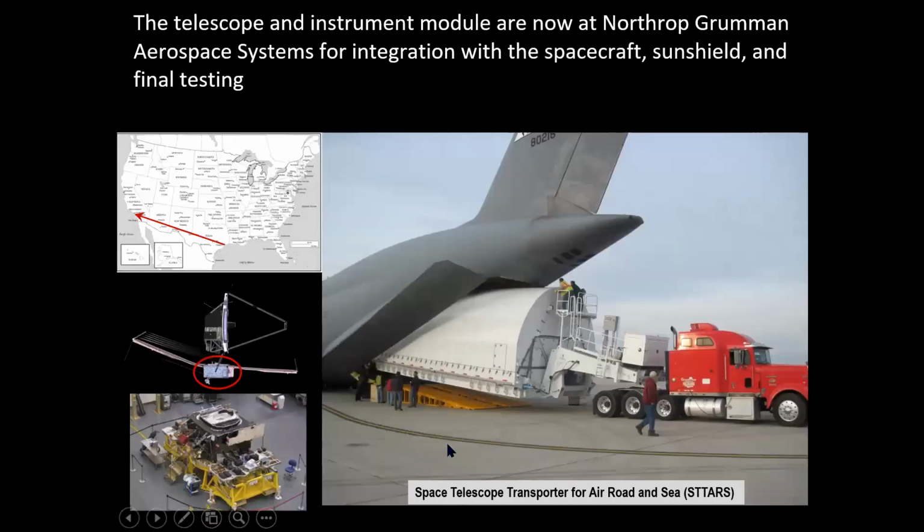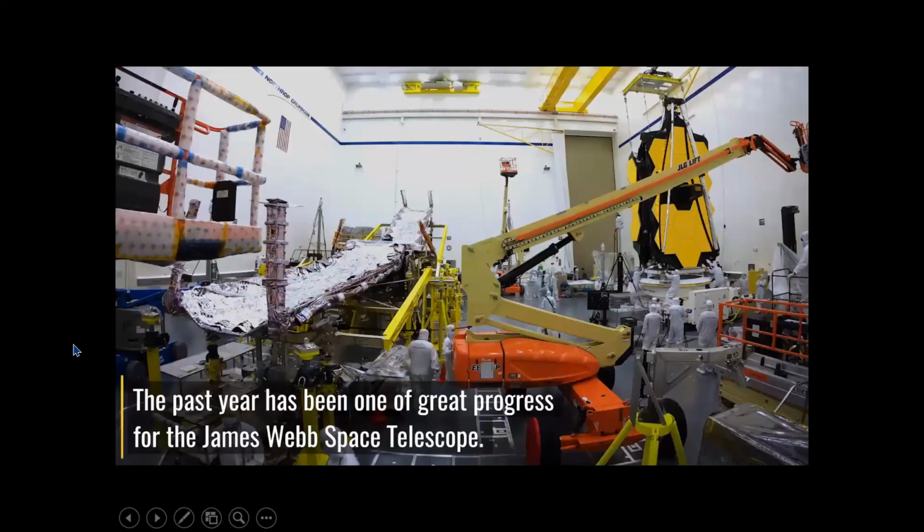And with the completion of that, we went back into the aircraft and then flew from Houston, Texas to Los Angeles, California, where our contractor, Northrop Grumman Aerospace Systems, would then add the sunshield and the spacecraft to the rest of the assembly. Let's take a look at that.